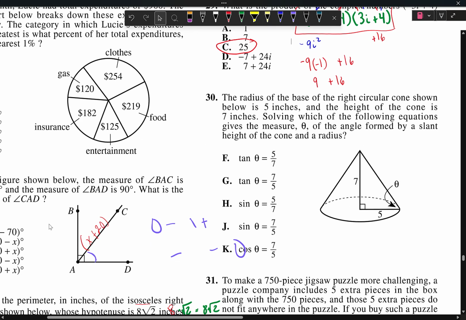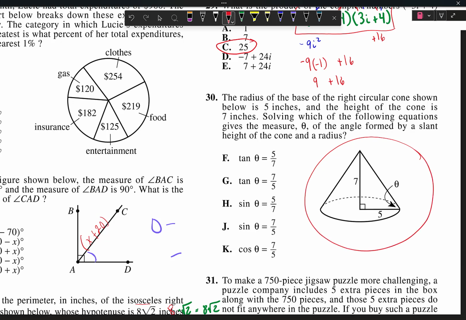All right, number 30. Look carefully, they give us all the information we need in this diagram. Ultimately, we are just trying to represent theta using the correct trig function and these two key values, 7 and 5. And we can see that just by looking at the answer choices. So let's recall SOHCAHTOA.